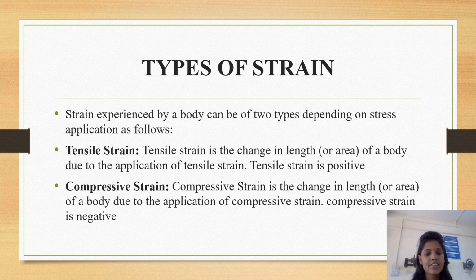Due to this tensile strain, the length of the body increases. That's why the tensile strain is always positive. The compressive strain is induced in the building component due to the compressive load. Due to this compressive load, the length of the body decreases. That's why the compressive strain is negative. These are the two types of strain: tensile strain and compressive strain.